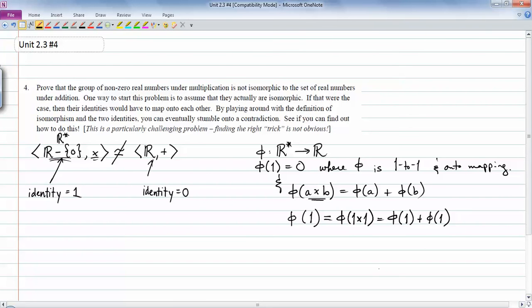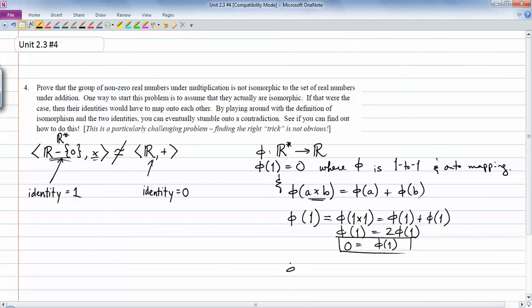So in this case, I've got phi of 1, because that's 1 times 1, equals 2 phi of 1. Okay? So if I subtract, I get 0 equals, sorry, not 2 phi of 1, just 1 phi of 1. And so now I've got phi of 1 has to be 0. Okay, that's good. That's what we want. Phi of 1 equals 0.